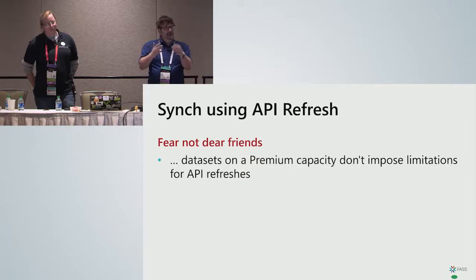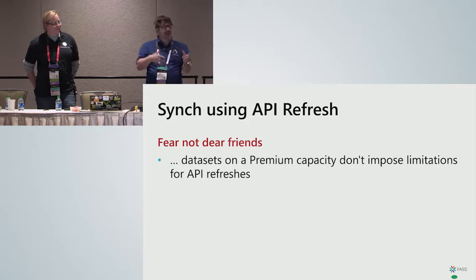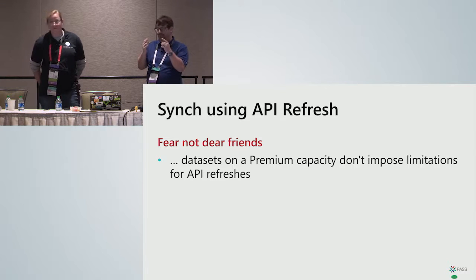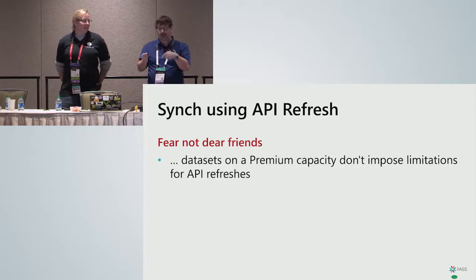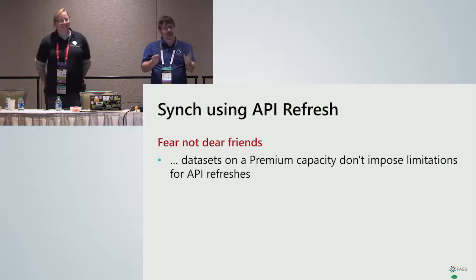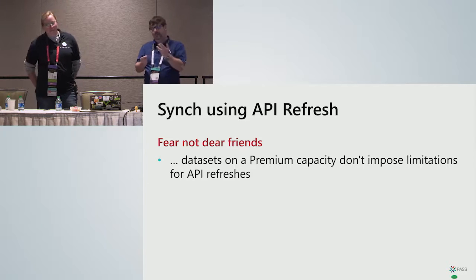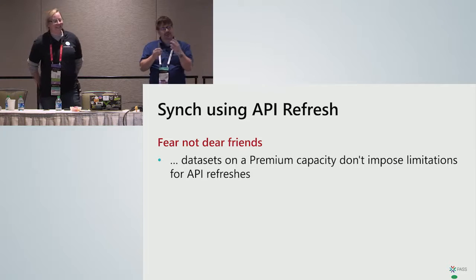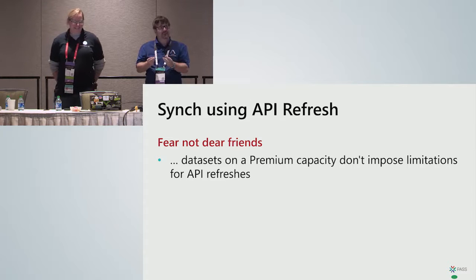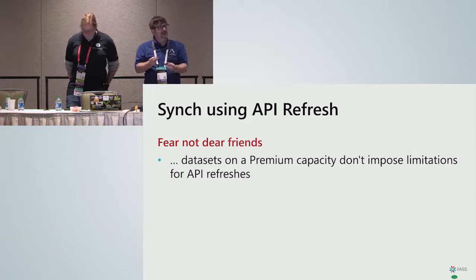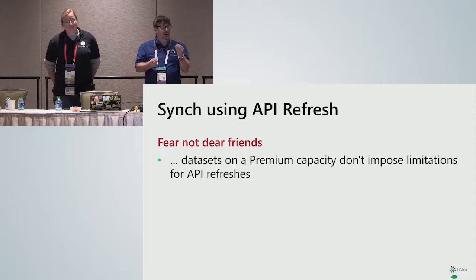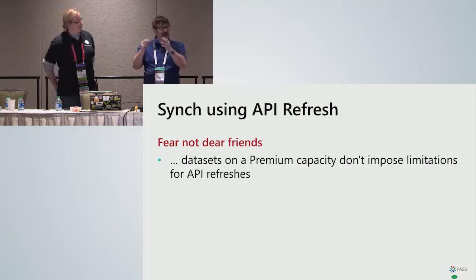I just said Flow, but now it's called Power Automate, sorry for that. So whenever I say Flow, I actually mean Power Automate. This API refresh does not count toward the 48 times in Power BI Premium.